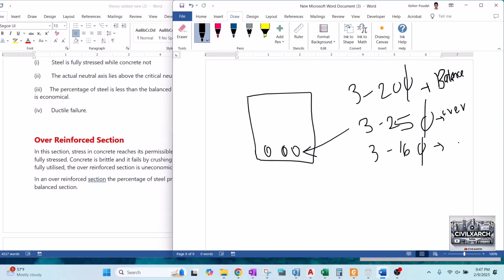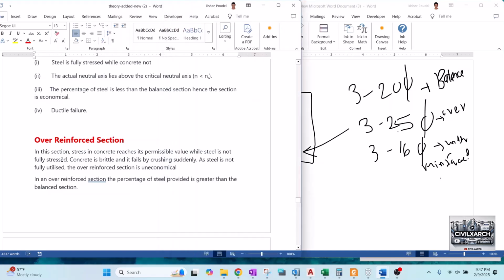So the first one was under reinforced. Now let us read this theory, this definition. In this section, stress in concrete reaches its permissible value while steel is not fully stressed.